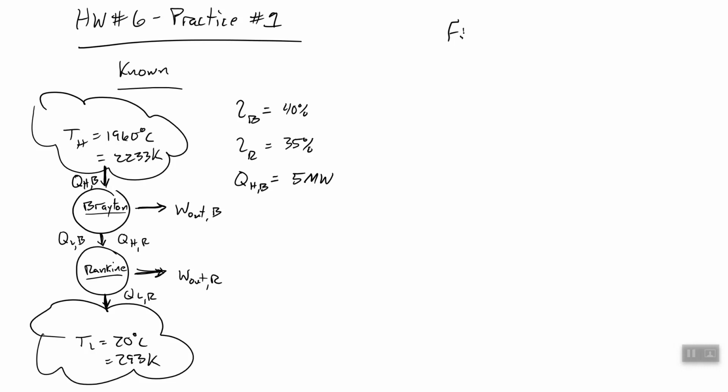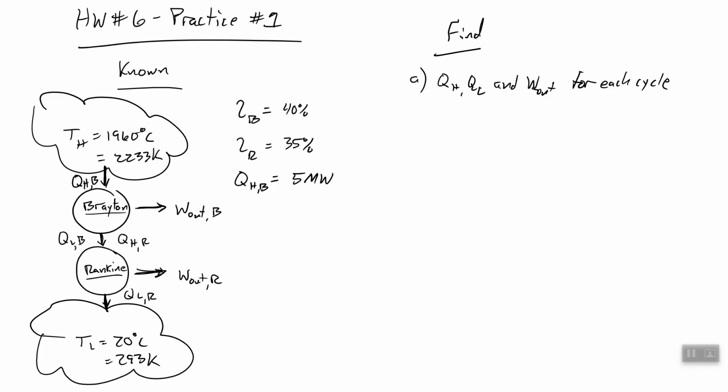We're asked to find first QH, QL, and the work out for each cycle. So that would be 6 things total, right?